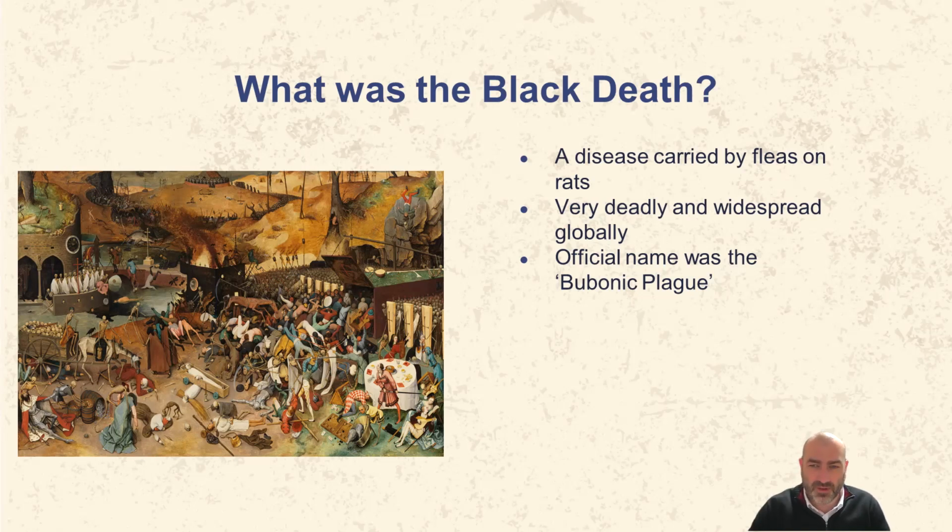The official name for this disease was the bubonic plague, but because it was so deadly, it was known locally as the Black Death. The British Isles was not alone in suffering from this disease. It was, in fact, a global pandemic, one of the earliest global pandemics. But it did have profound and long-lasting effects on the culture of Britain and the society itself.